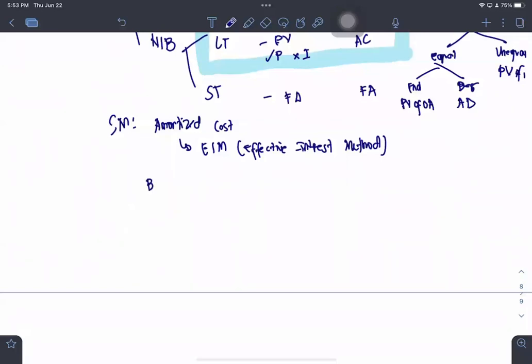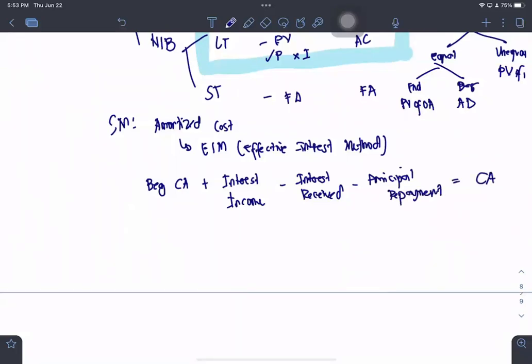The beginning carrying amount, you add any interest income, you deduct any interest received, you deduct any principal repayment, then that will be your carrying amount end.